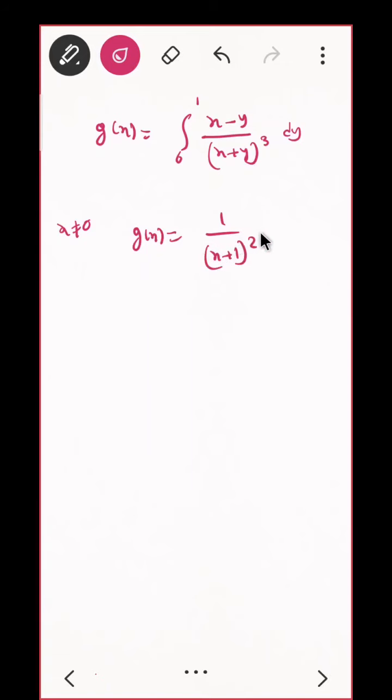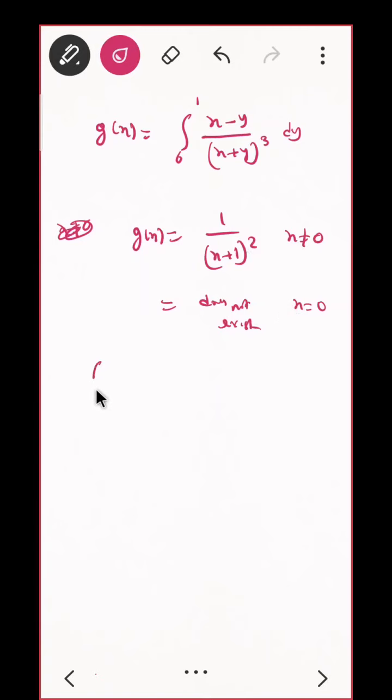But when x equal to 0, the function is defined for x not equal to 0, and this does not exist at x equal to 0. Correct? So this is your function g of x, which exists for x not equal to 0.